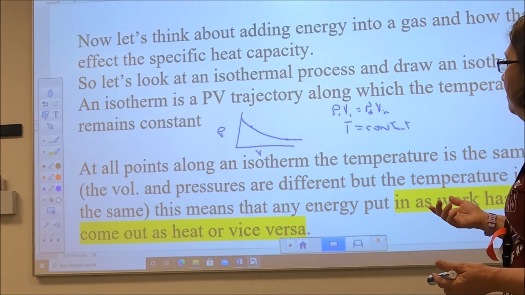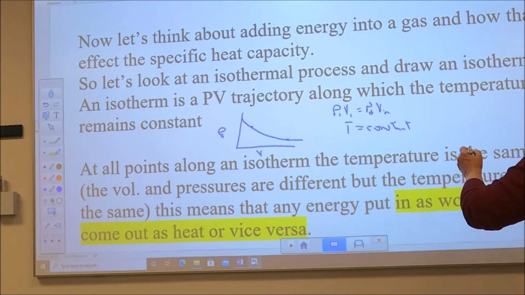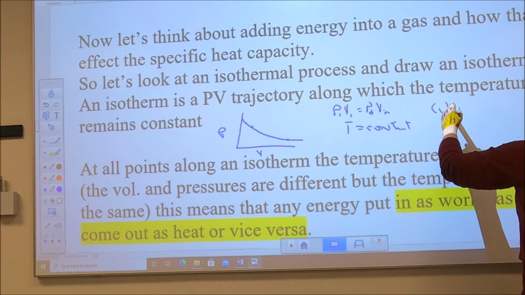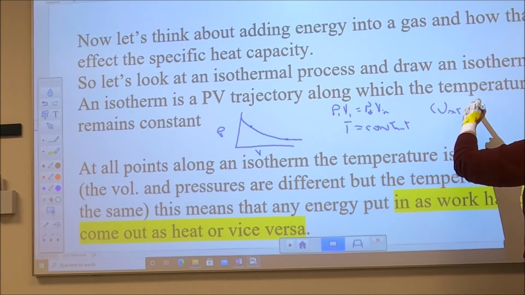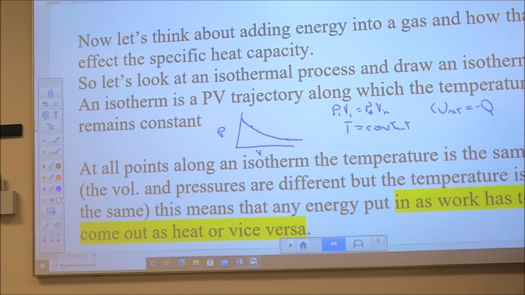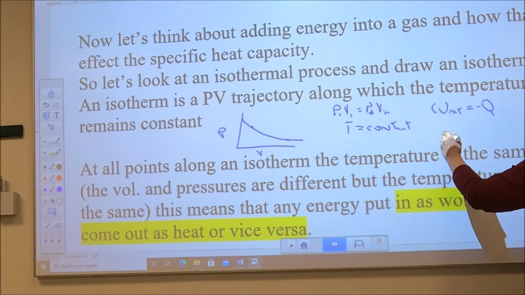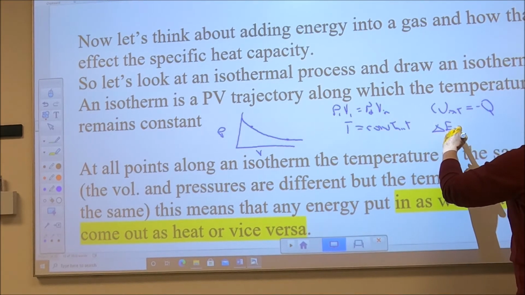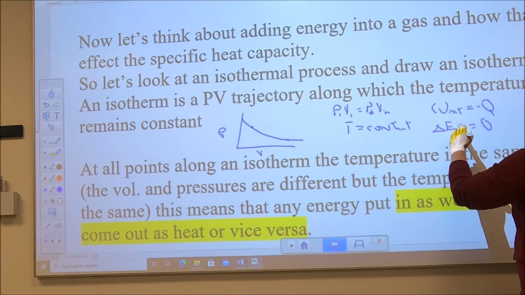So this is where we have work external is equal to minus Q, because the change in thermal energy is 0.